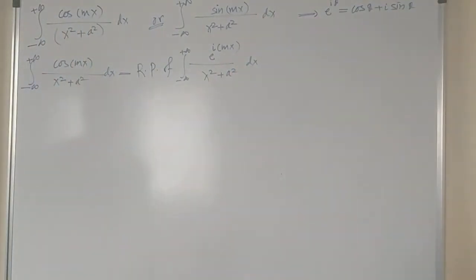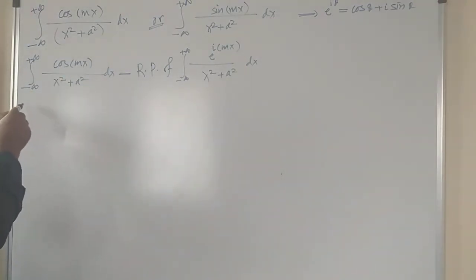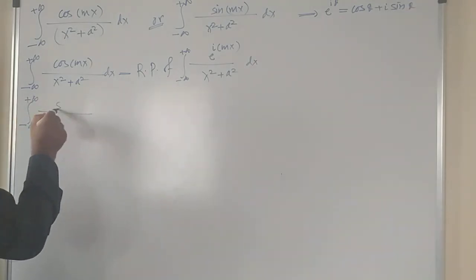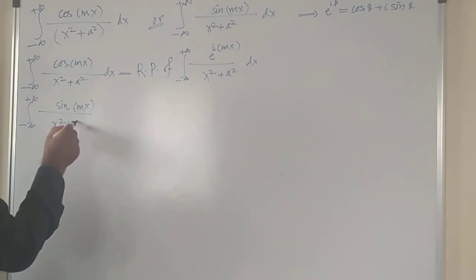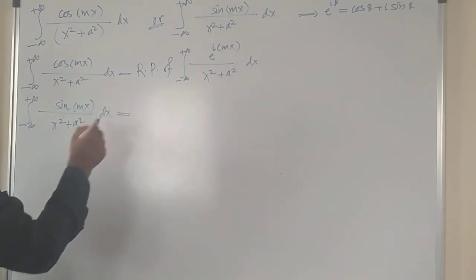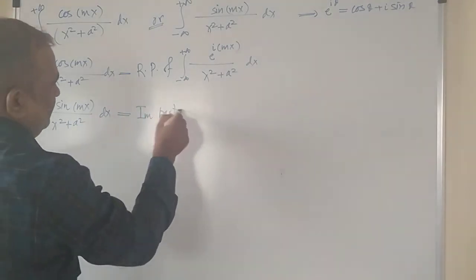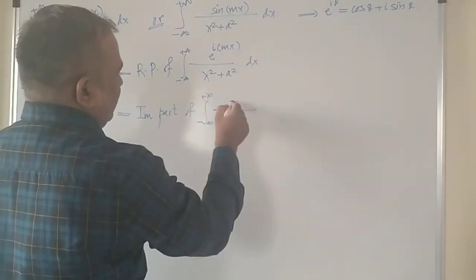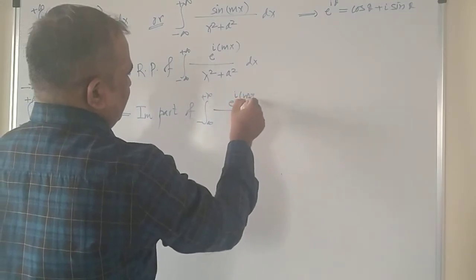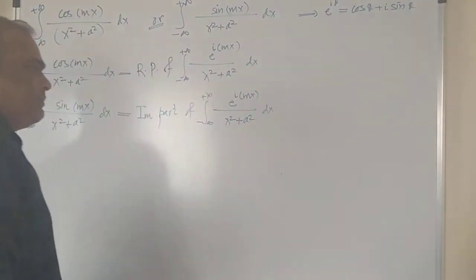And for sin theta, the integral from minus infinity to plus infinity of sin mx divided by x square plus a square dx is the imaginary part of the integral from minus infinity to plus infinity of e raised to i times mx divided by x square plus a square dx.